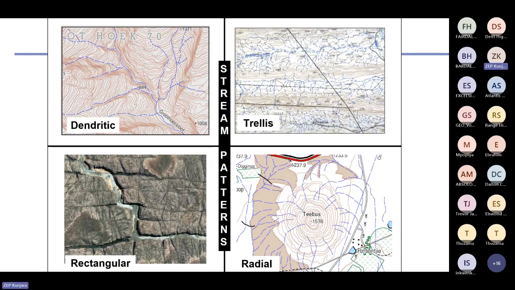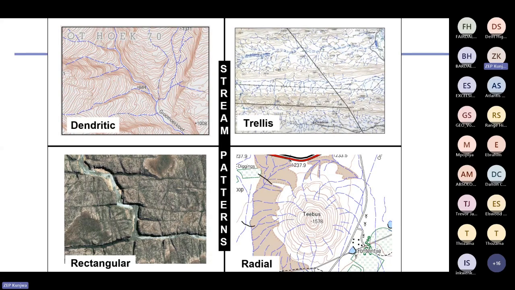Let us look at the dendritic one first. You can see very little vegetation, as I said to you. This is mostly the upper course. You find this mostly on the upper course.